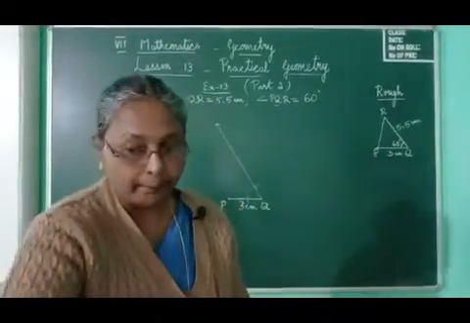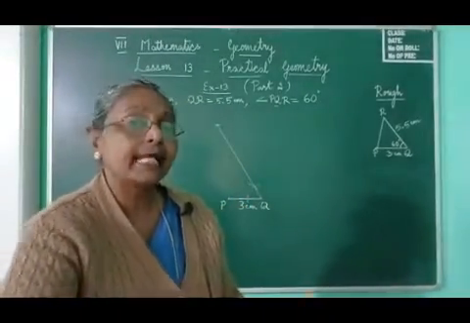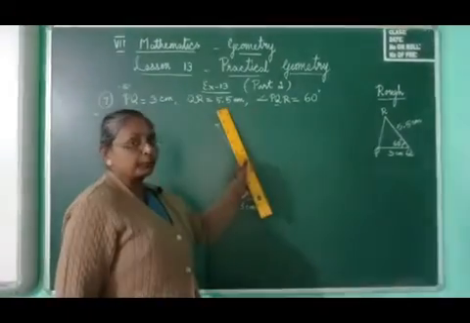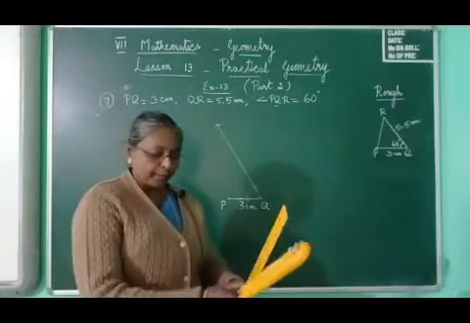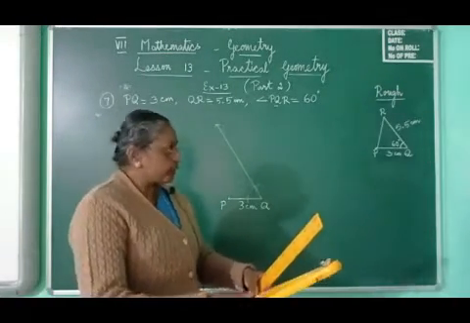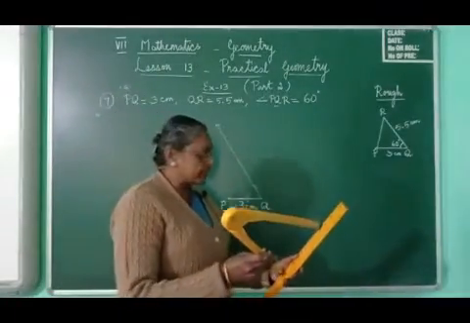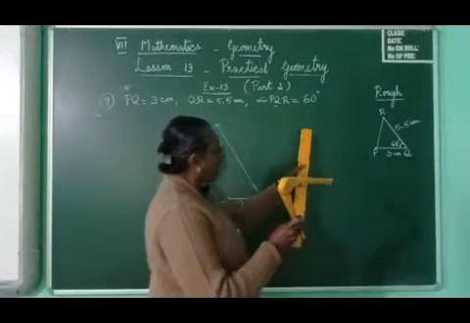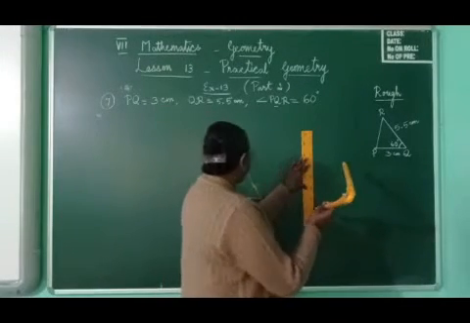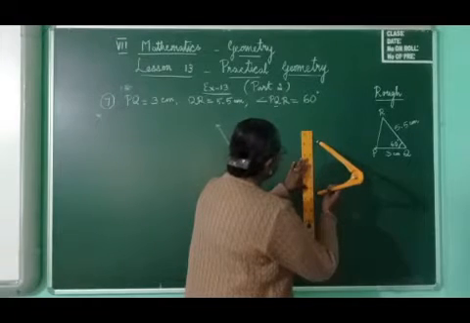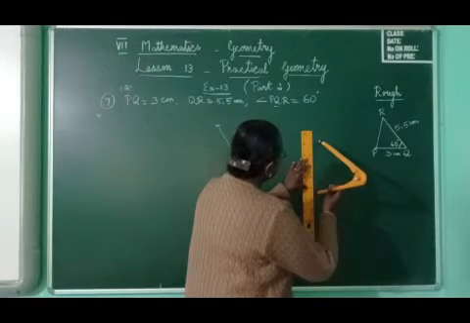Where will R come? R is at a distance of 5.5 centimeters from Q, because QR is 5.5 centimeters. Therefore, we need to measure 5.5 centimeters with compass and scale, and then draw an arc keeping Q as center and 5.5 centimeters radius.